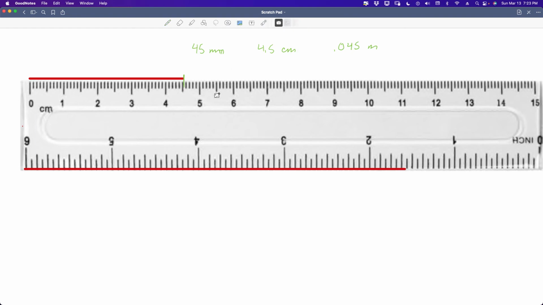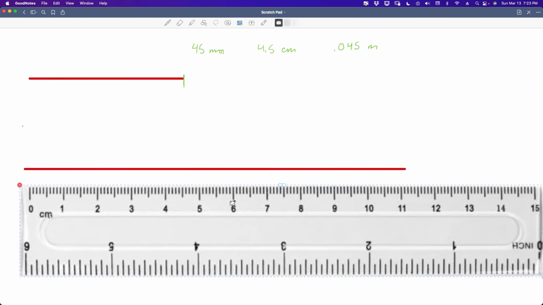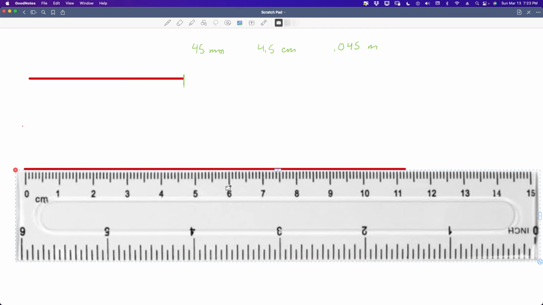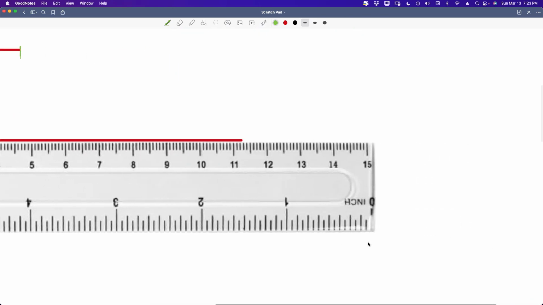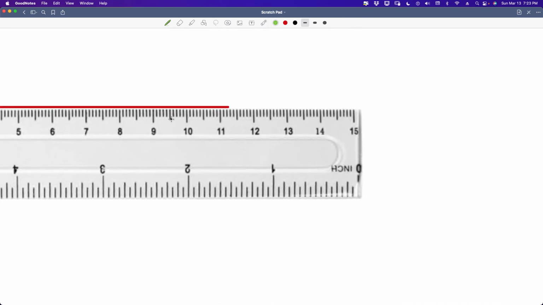We've got one more to measure. Let's line it up with the very end here with the 0. I'm lining it up with the 0 on this end right here. I'm trying to get it as lined up as I can. So now let's look at the other end, and that will tell us what the length is. So I have a line right here, and my closest line is right here.